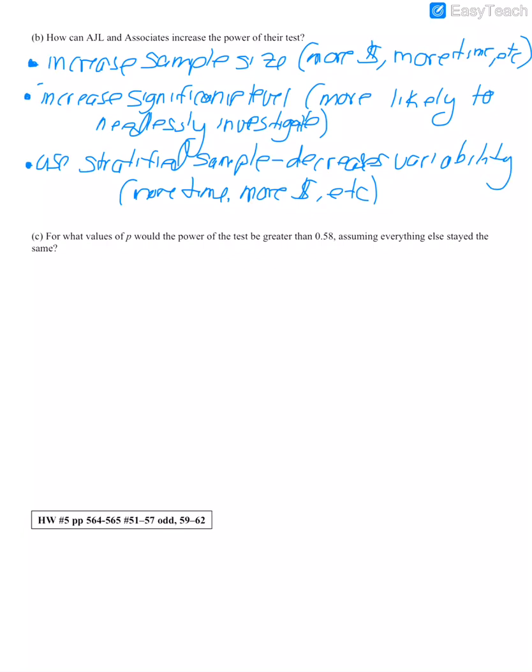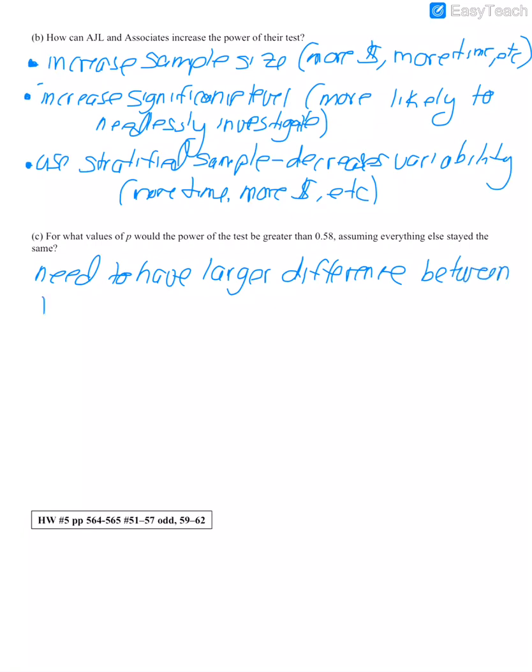Well, you need to have a larger difference between the null and the alternative values because that's easier to detect.